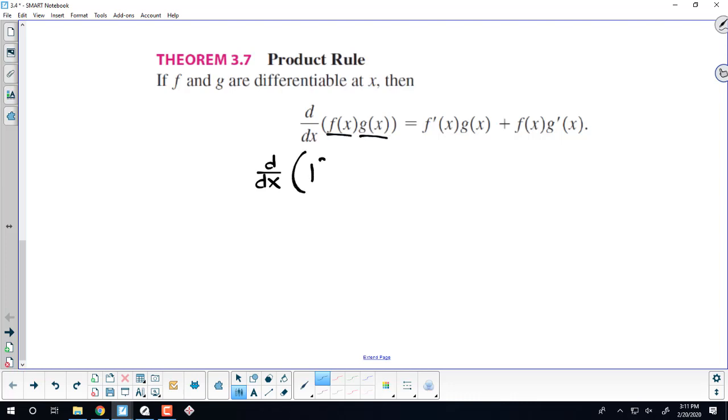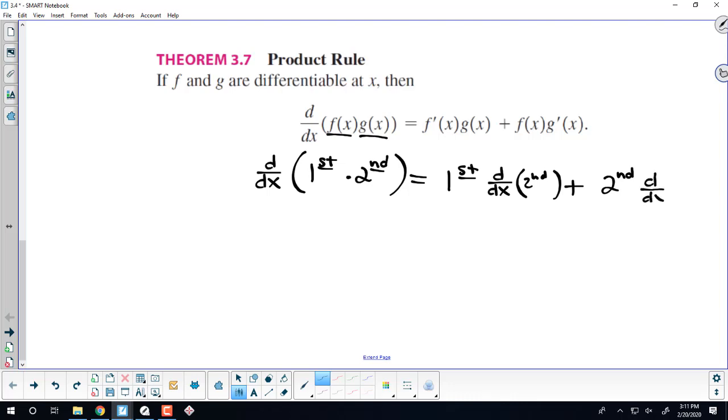So we have the first times the second. So we say the derivative of that product is the first times the derivative of the second plus the second times the derivative of the first. These two things are one thing. They're multiplied. These two things are another term.